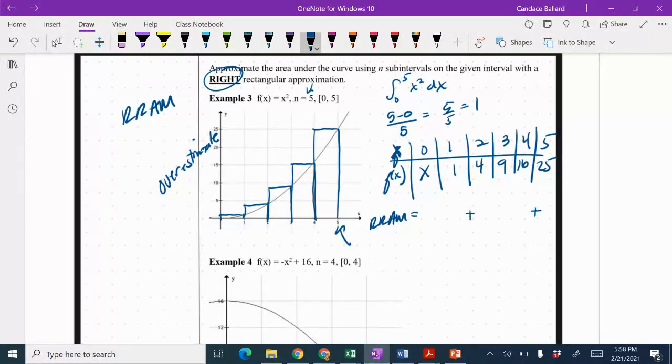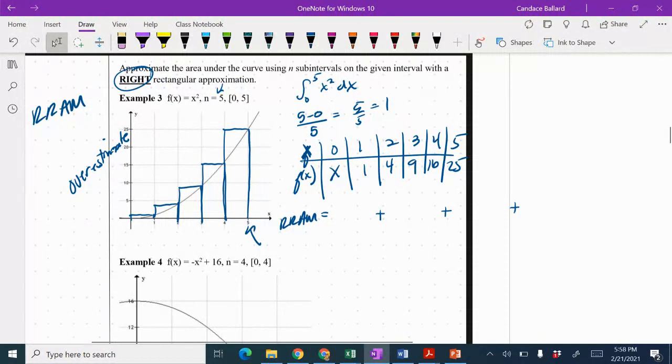So 1, 2, 3, 4. Okay, so I've got 5 blanks, and I always like to start from the right side. So I'm going to use the table to help me. I'm going to use this height, and then I know the distance in between is 1, so 25 times 1. And again, that distance in between in Delta Math could be a decimal.